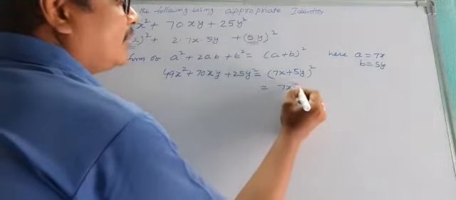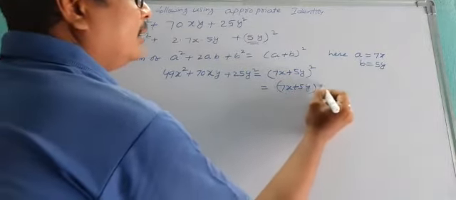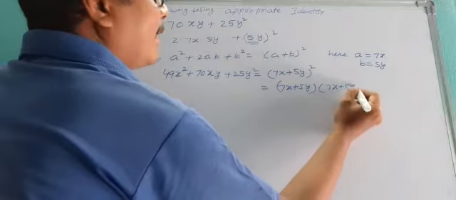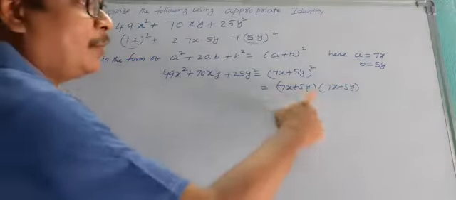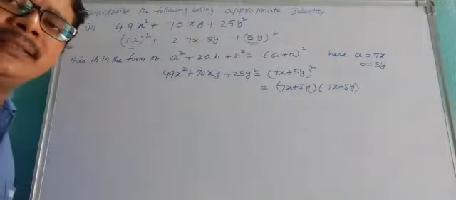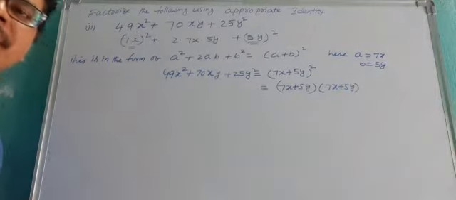This can be written as (7x plus 5y) into (7x plus 5y). So the given polynomial can be expressed as a product of two polynomials. This is known as factorization.